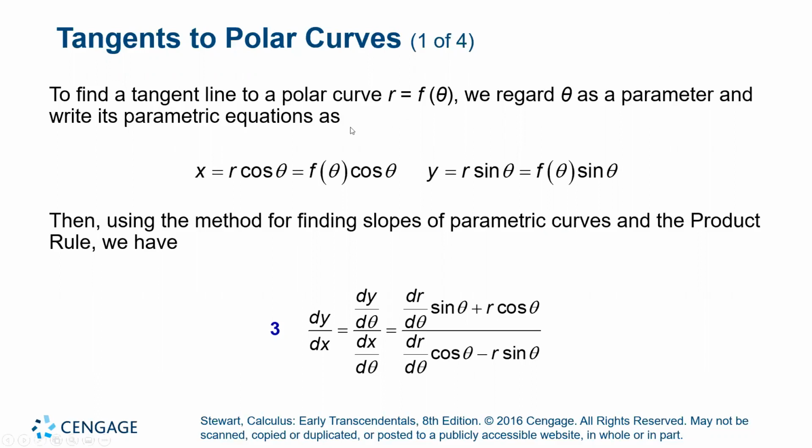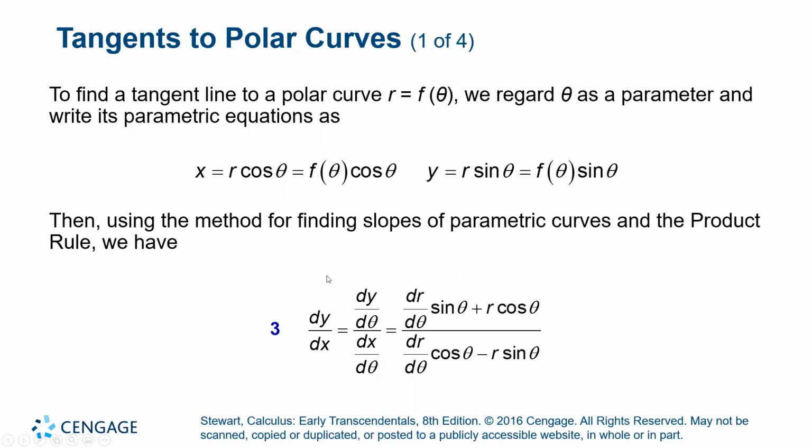And then if you have an actual polar curve, r equals f of theta, if you replace the r in both of those formulas with f of theta, then you have a representation in parametric form instead of polar form. And we already learned how to find the derivatives of parametric curves back in section 10.2.